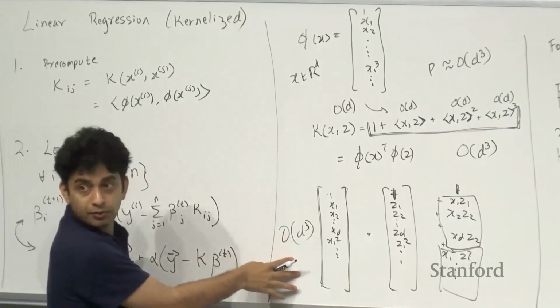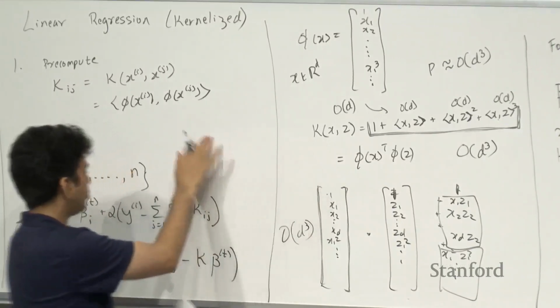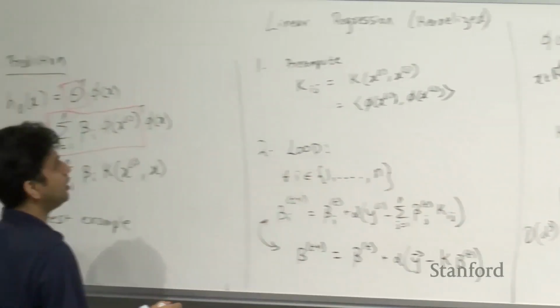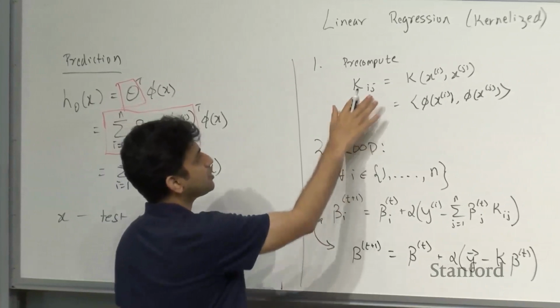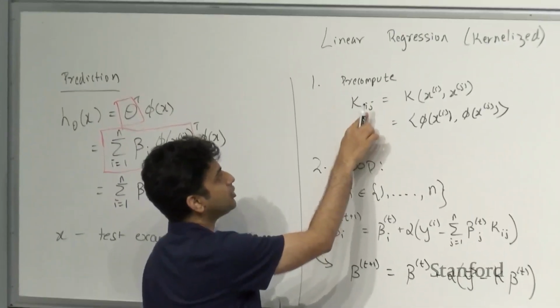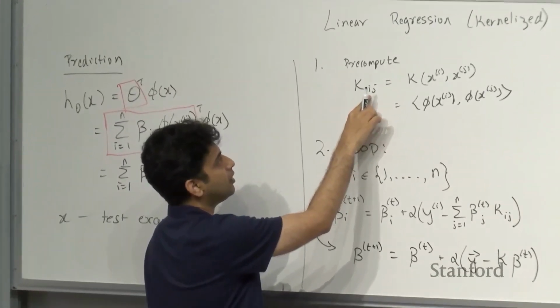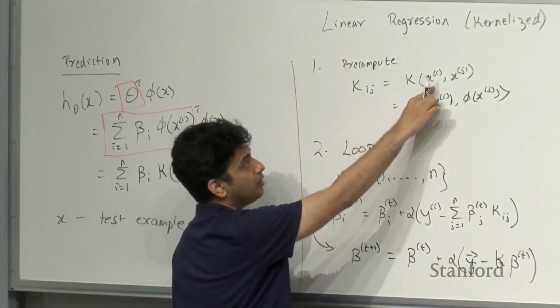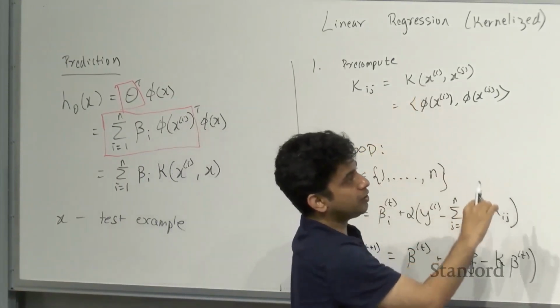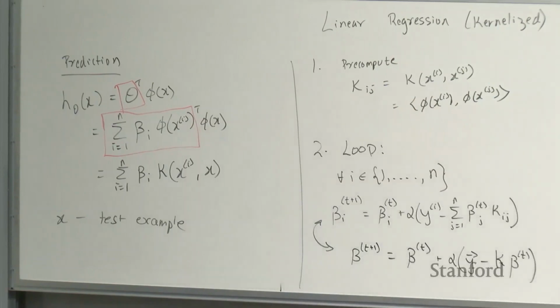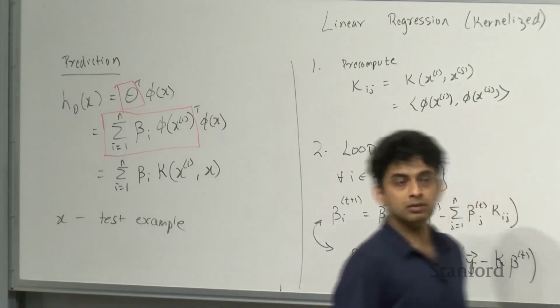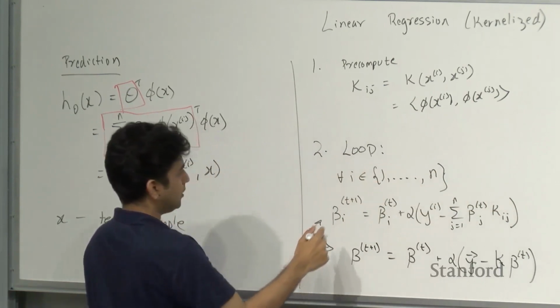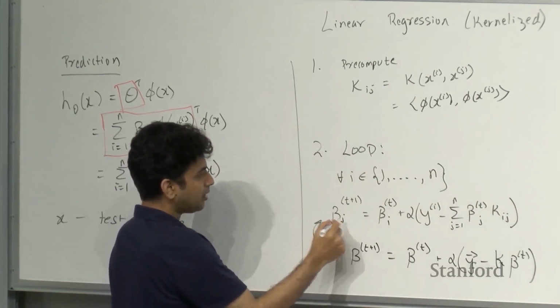Of this equation? Update rule? Yeah. So in the update rule, Kij represents the ijth element of the matrix, and that should be a scalar, and the kernel always computes into a scalar. Right? And for beta, beta is a vector.